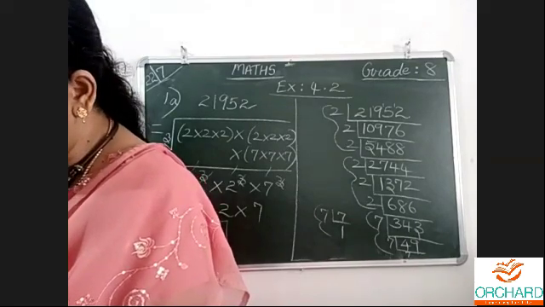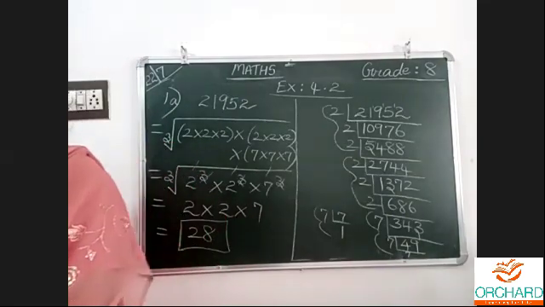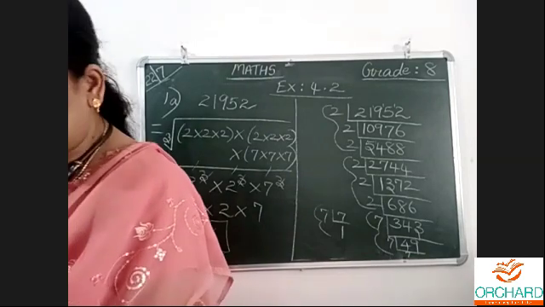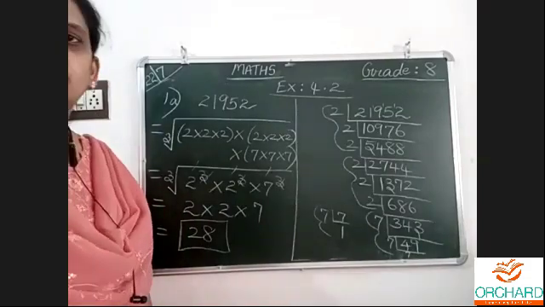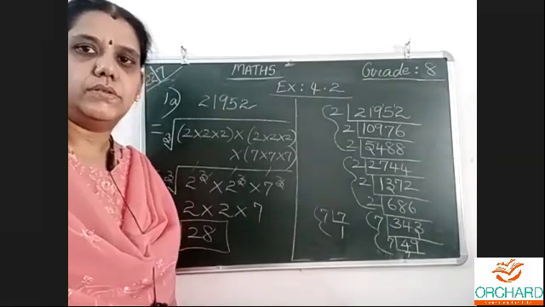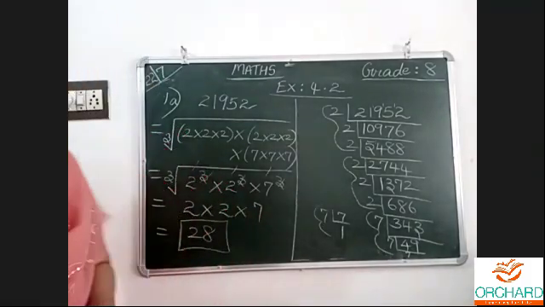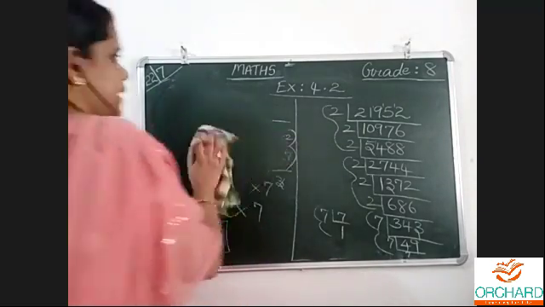Reasoning is here also. Review sums are there. Prime factorization and all, you can practice. So the next process is about, yes. The B sum you completed, very good. The B sum will be given to you as homework only.